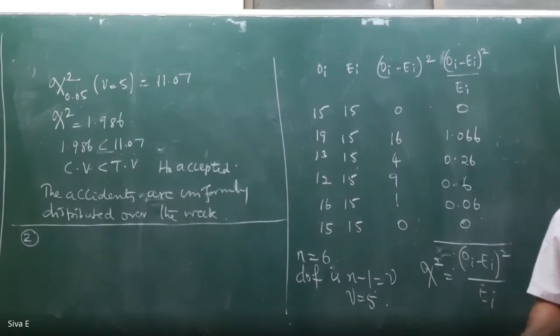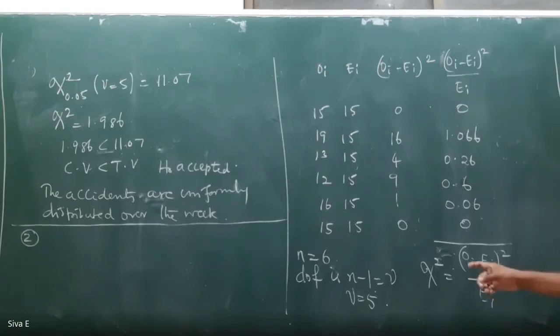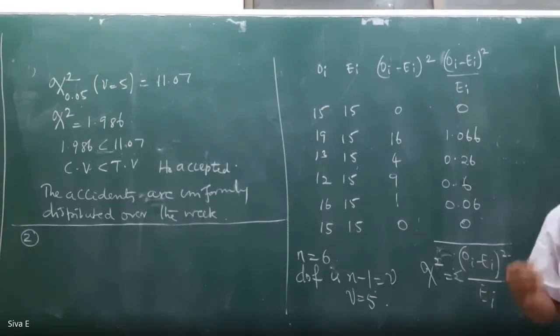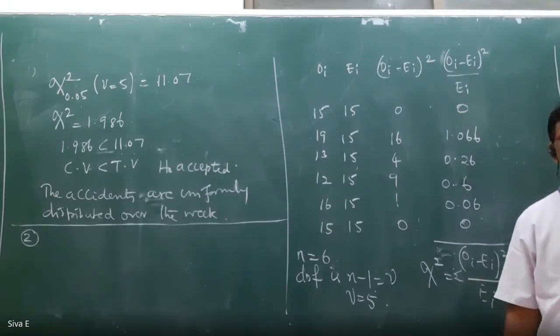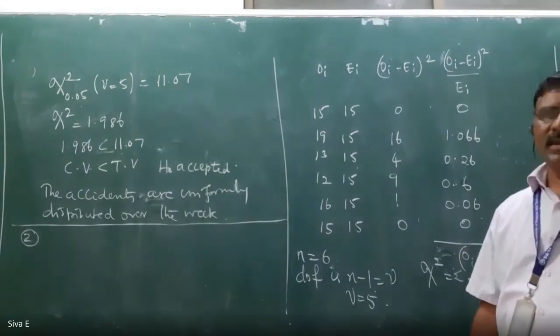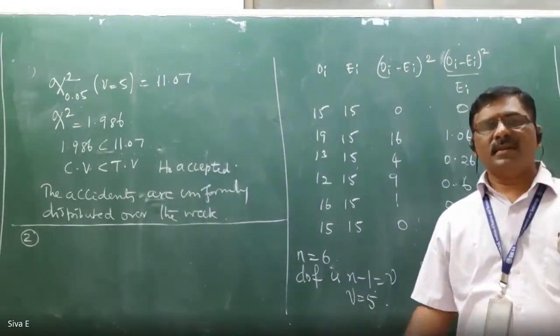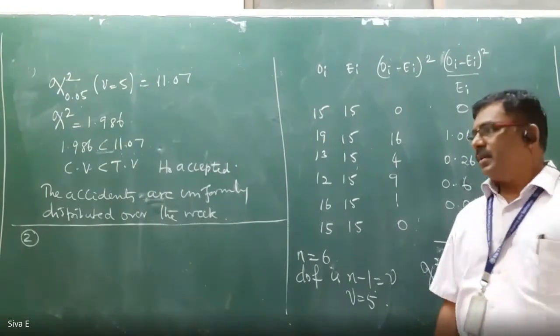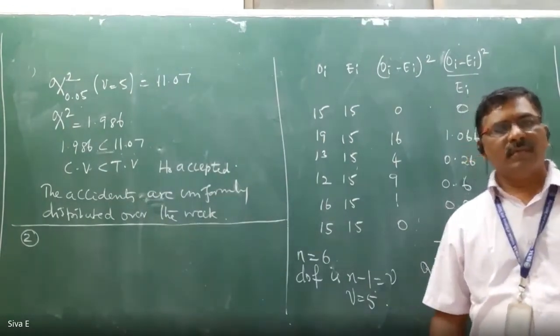Then the test statistic chi square is summation of (OI minus EI) whole square by EI. Then you compare the table value and the calculated value. When the calculated value is less than the table value, H naught is accepted. Otherwise, H naught is rejected. This is a common step for all the problems.